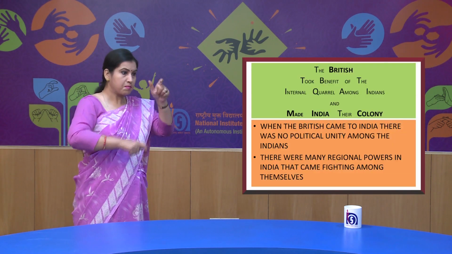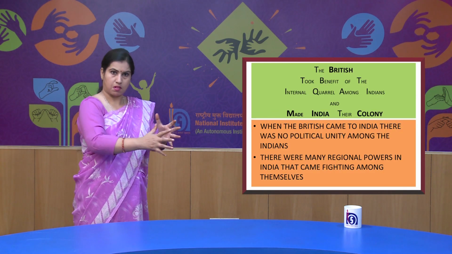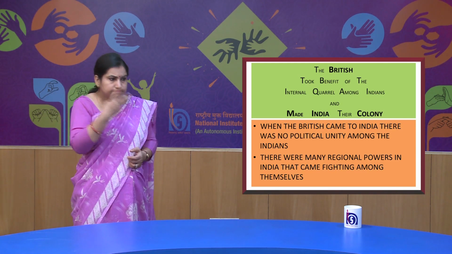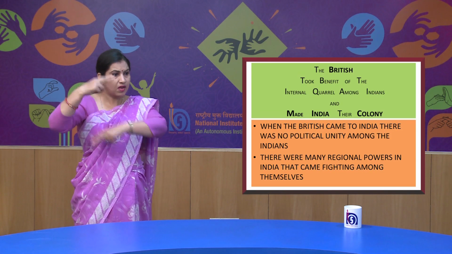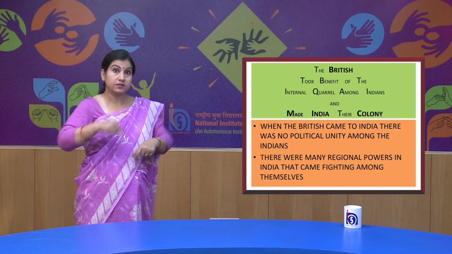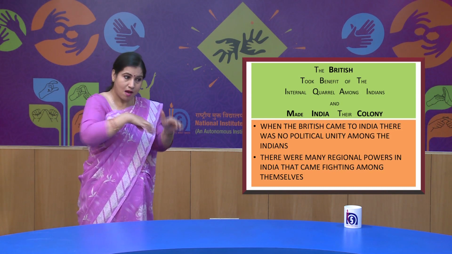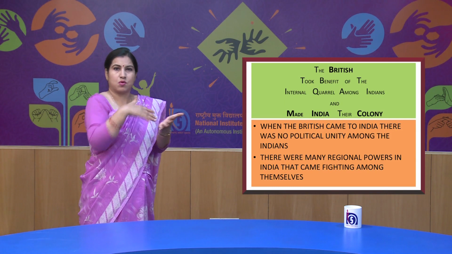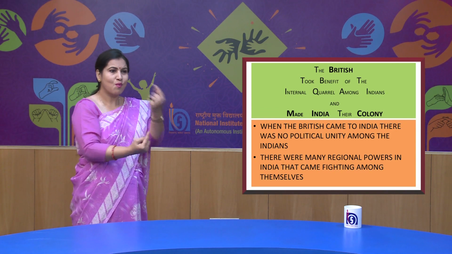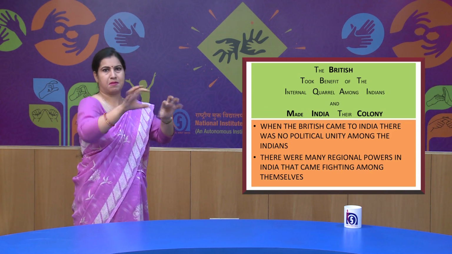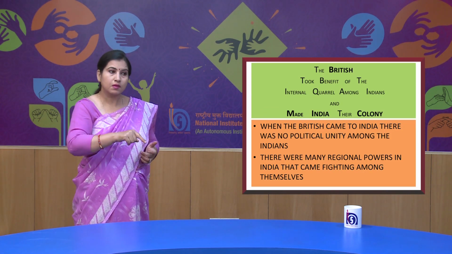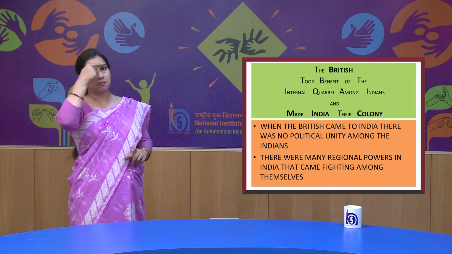India was a big country with a very large population. Therefore, the British were attracted towards India. During this time, the internal condition of India was also weak, as there was no political unity. This gave the English a chance to occupy India.